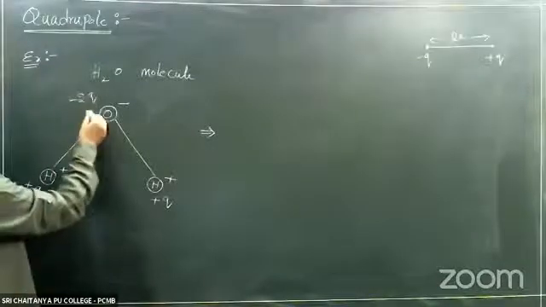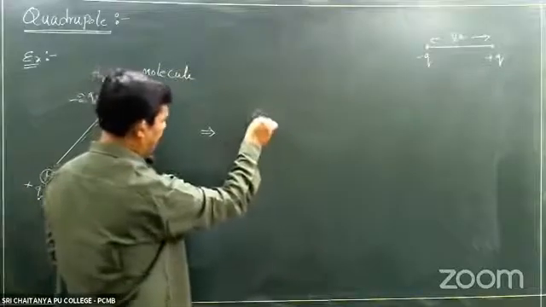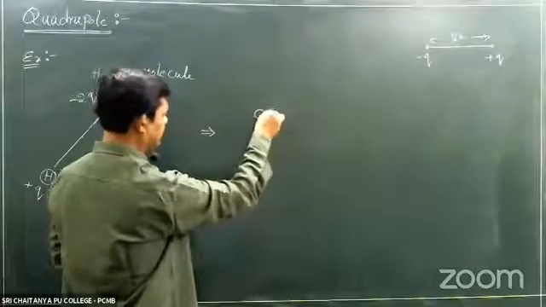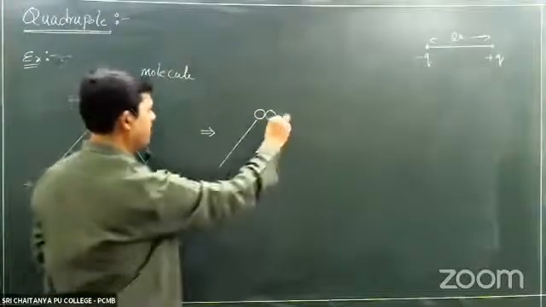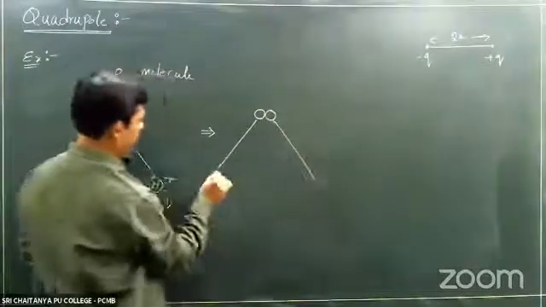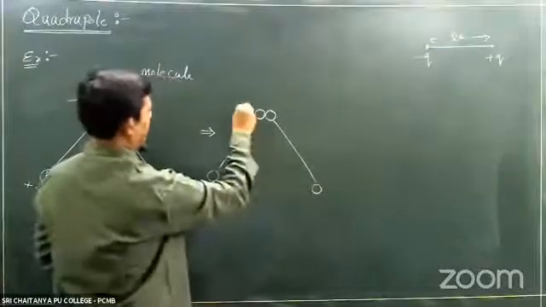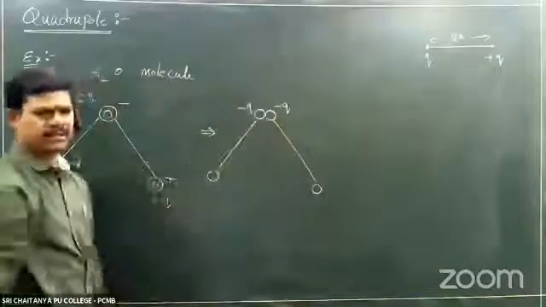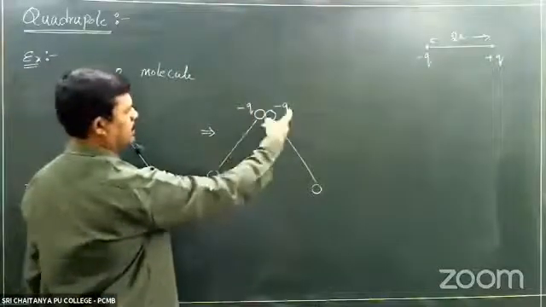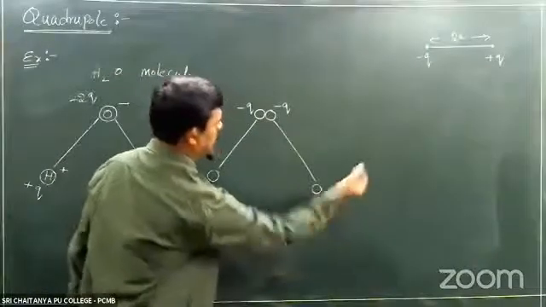If I split it like this, assume minus Q, combined that is plus Q. Minus q, here plus q.